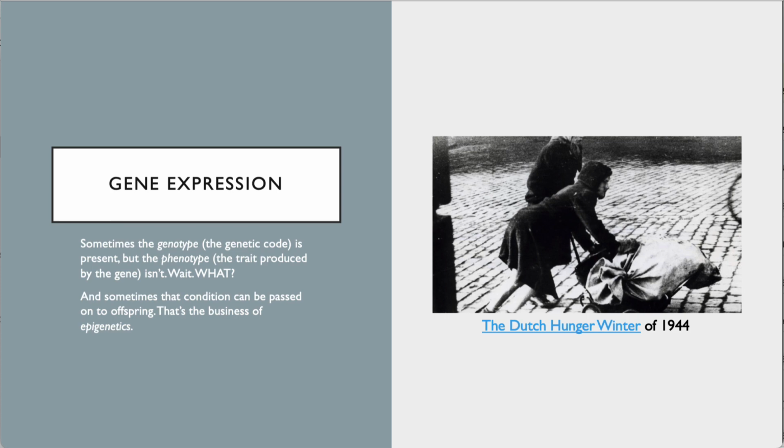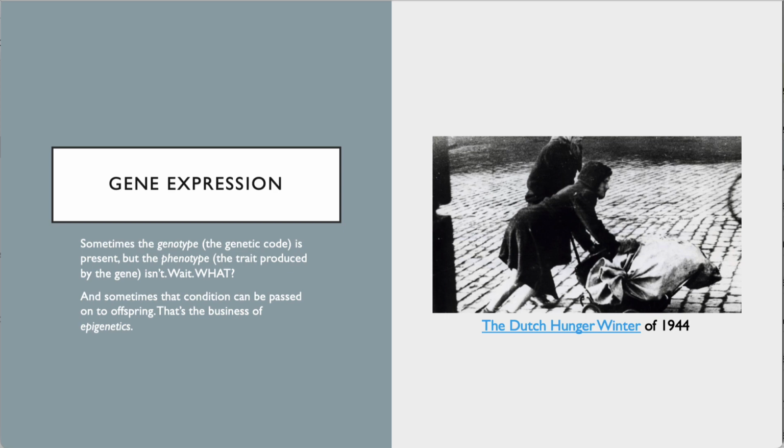And a very good example that will get you thinking is linked here. You can click on the Dutch hunger winter of 1944. During this time, the Dutch were being punished by the Nazis for coming out against the war and against Nazi aggression. And so they decided to just stop shipments to the Dutch.